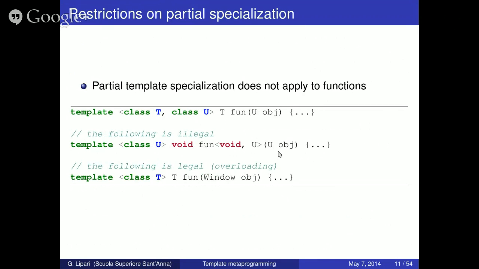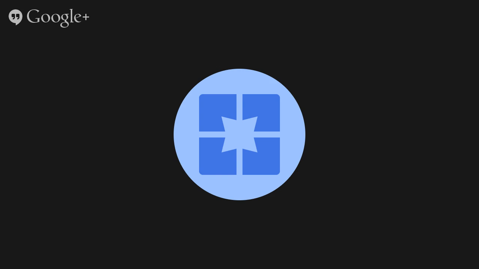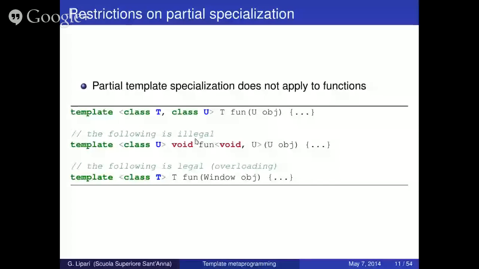Well, this is illegal, because if this were allowed, the functions would have the same parameter list, and they would differ only by the return type. And as you know, in C++, you cannot have two functions which differ only on the return type. Specializing on T here is illegal.